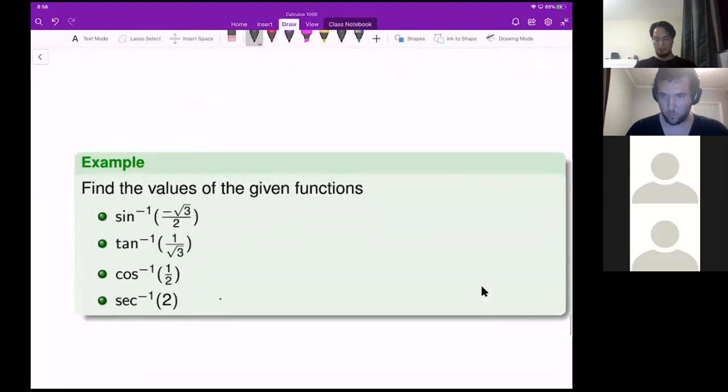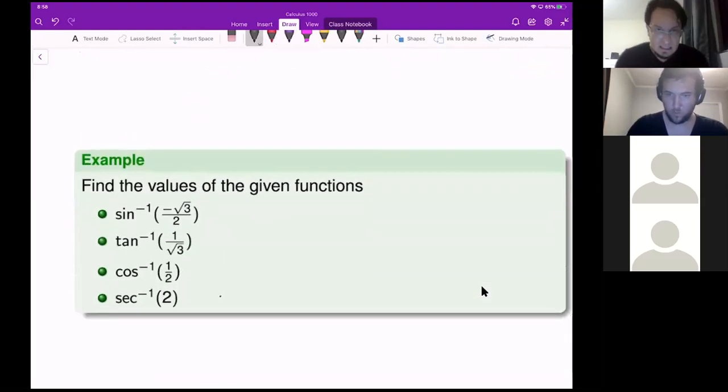When it comes to evaluating sine inverse functions, what you need to do is try to find the angle in that interval such that the sine of that angle is the given value. Well, what is the angle theta such that sine theta is negative √3 over 2?